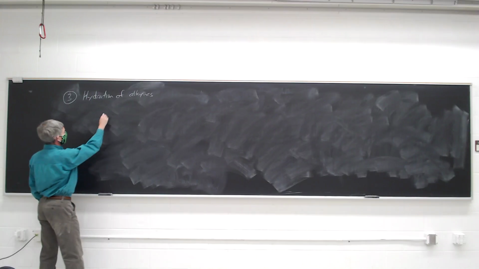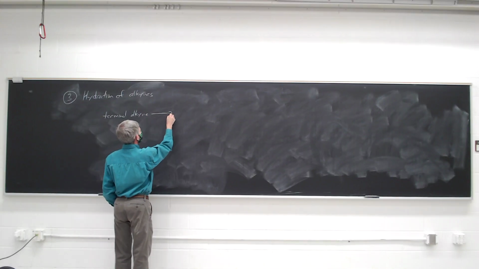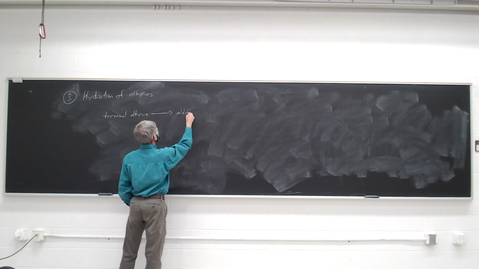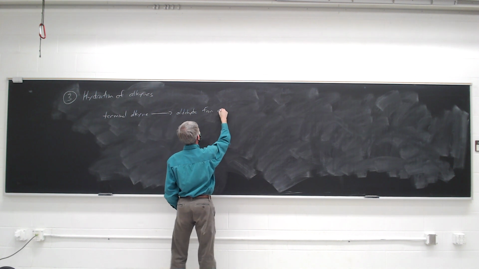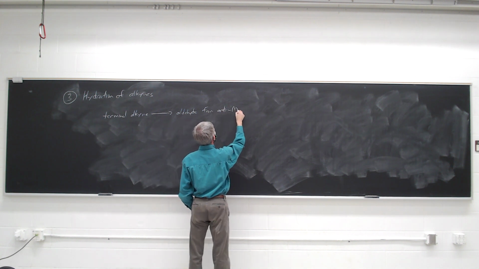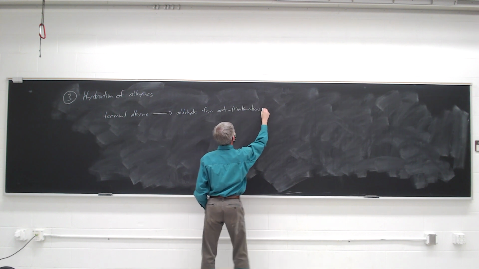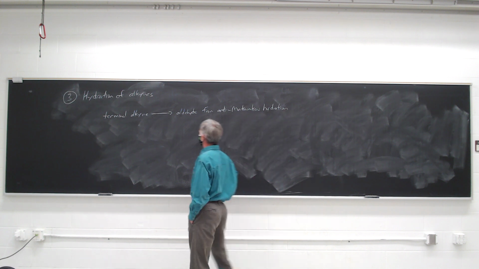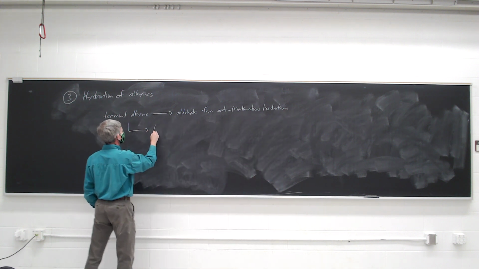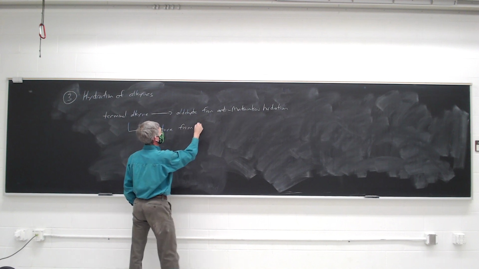And if it's a terminal alkyne, that will generate an aldehyde, an anti-Markovnikov oxidation, or a ketone from Markovnikov oxidation.